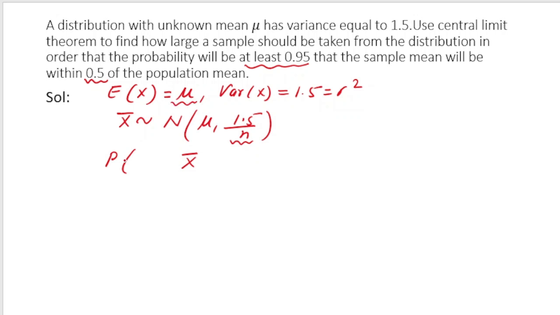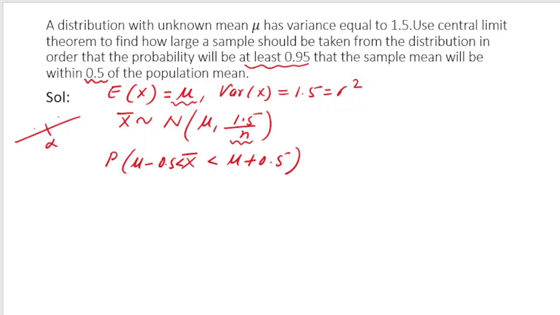So this is our population. If it lies within 0.5, what does that mean? That x bar should be less than mu plus 0.5 and greater than mu minus 0.5. I hope you understand this. Understand it through this explanation: suppose I say find all the numbers which are lying within 0.5 of alpha.